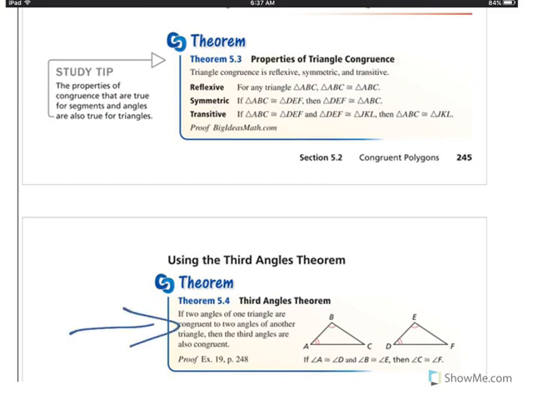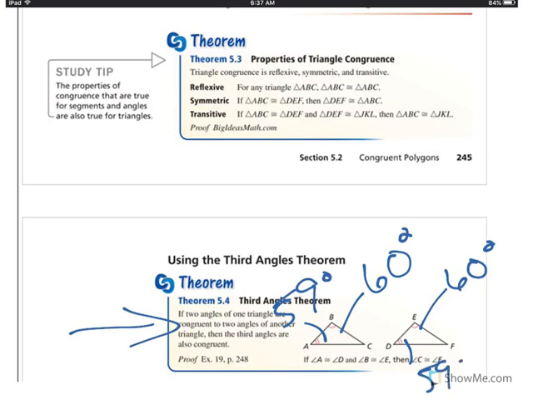If two angles of one triangle are congruent to two angles of another triangle, then the third angles are also congruent. Okay, so for instance, if B was 60 degrees and A was 59 degrees, and we see that E has this one arc mark, so we know it has to be 60 degrees, and D has two arc marks, so it has to be 59 degrees.